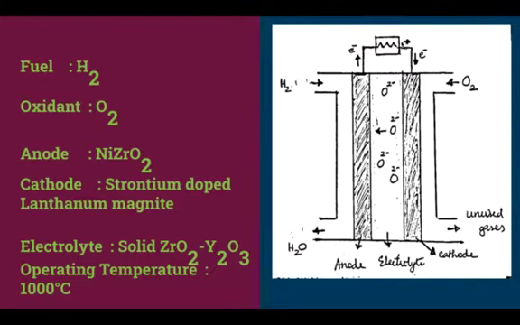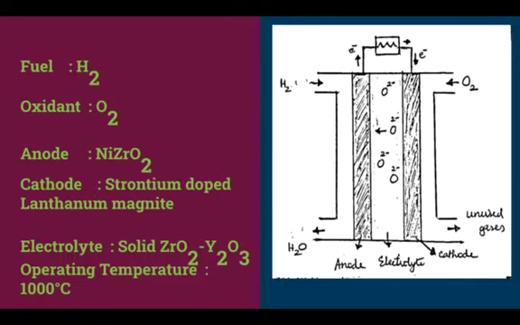These electrons move through the outer circuit and again reach the cathode, where they are used up by oxygen to form oxide ions. And these oxide ions again diffuse through the solid electrolyte and reach the anode, and this process continues.